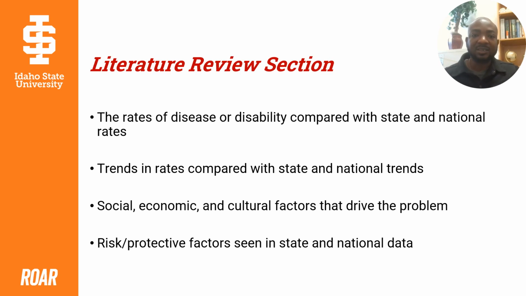So next we outline the components of an assessment report. The literature review section describes the public health problem or problems being investigated from the perspective of the existing literature.